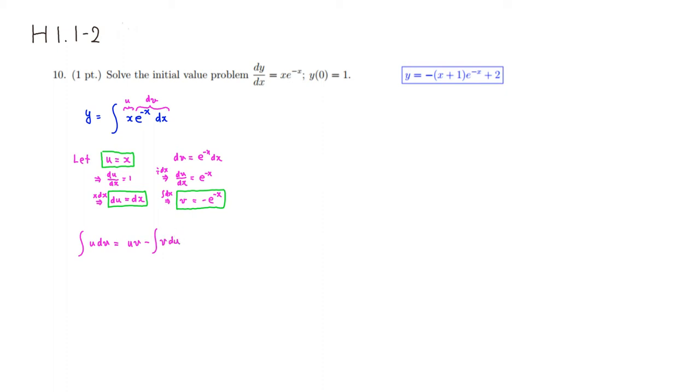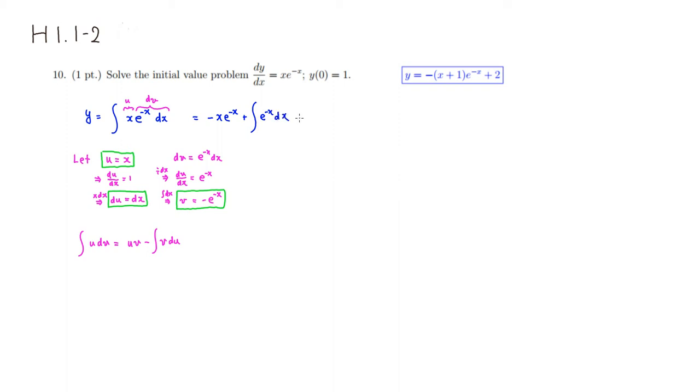Following that, u is here, v is there, so it's going to be negative x e to the negative x minus the integral of v du. V has a negative sign, so I'm going to incorporate that negative sign here. So you have e to the negative x dx.